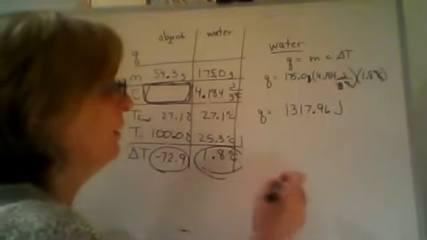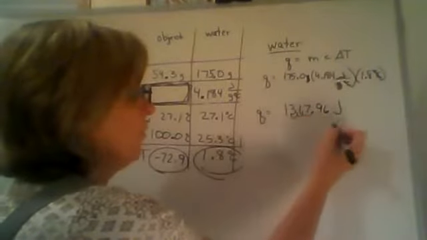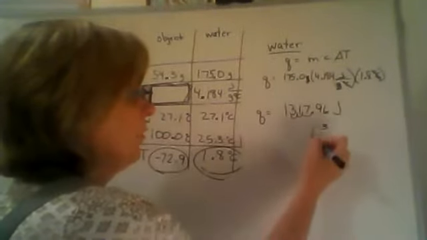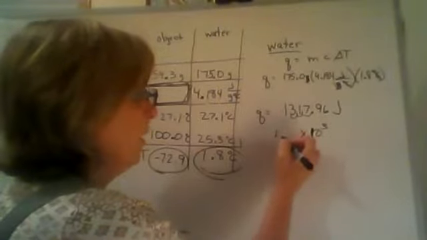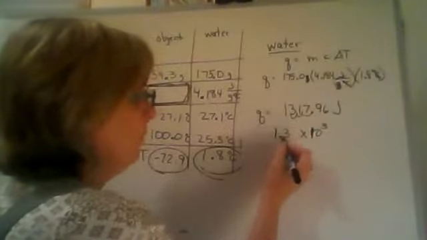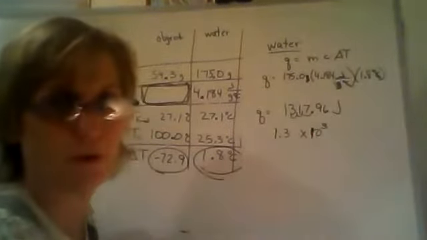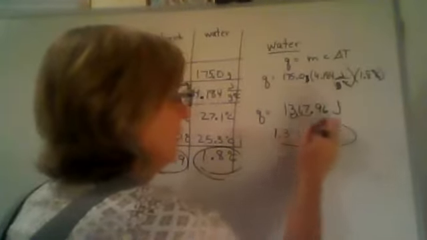Which means I can move this decimal. Boom, boom, boom. I moved it 3 times. So I know it's 10 to the third, and it's 1.3. 1.3 times 10 to the third gives you 2 significant figures, joules.